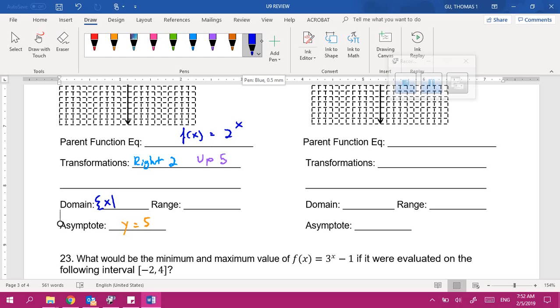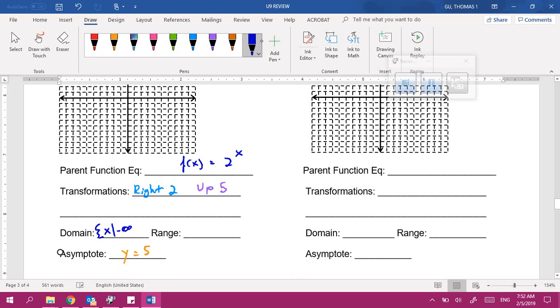What you're saying would be correct for the range, that's right. You see the asymptote's y equals 5, that tells you that it's going to be for the range because it's not x, right? So what's the domain going to be?